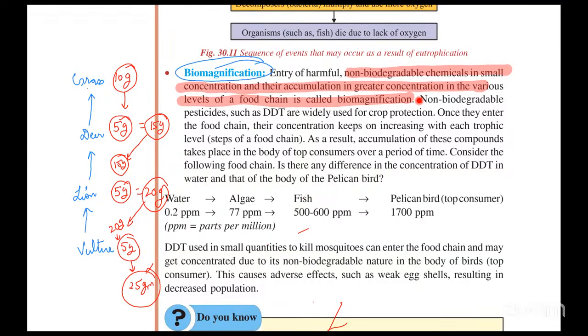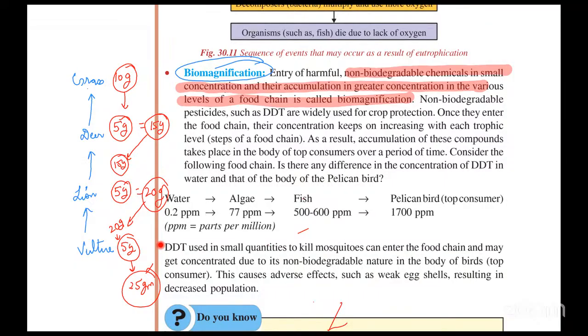Once they enter the food chain, their concentration keeps on increasing with each trophic step of a food chain. As a result, accumulation of those compounds takes place in the body of top consumers over a period of time. Consider the following food chain. Is there any difference in the concentration of DDT in water and that of the body of the pelican bird?